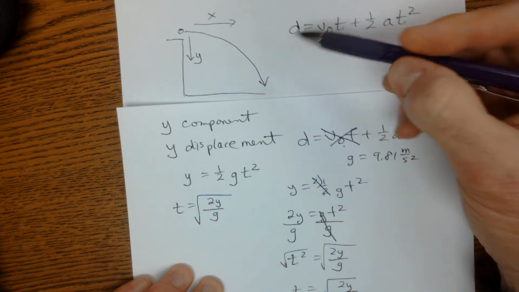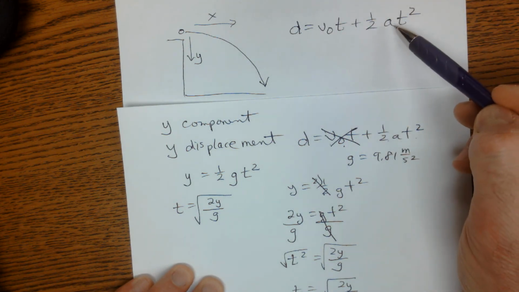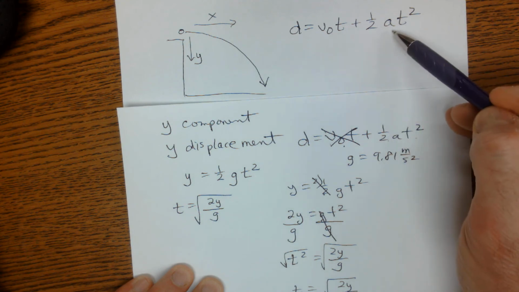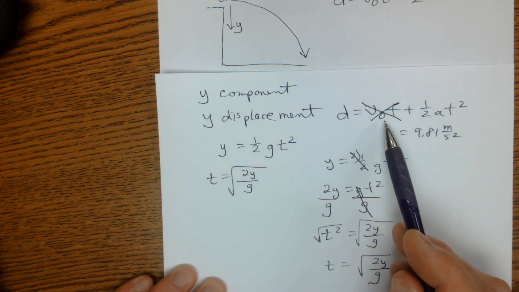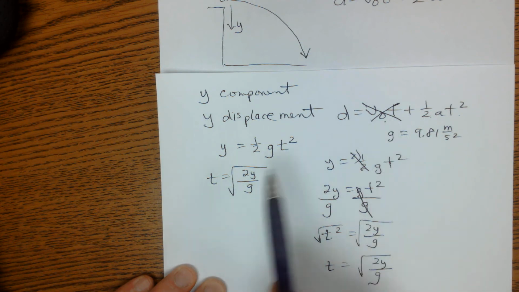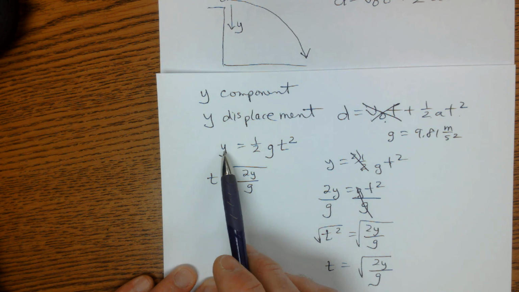Okay, so for an object thrown horizontally from a cliff, we start with our distance formula that involves an initial velocity and acceleration. If we want to know the y displacement, or the vertical displacement, we know that I don't have any initial velocity in the y direction, so that completely goes away. If I solve this, that gives me my y displacement.